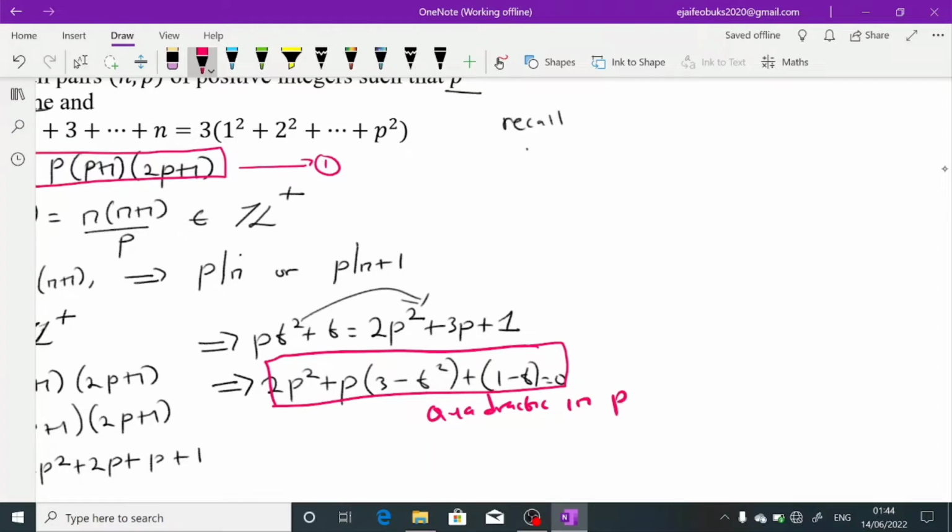And recall that for a given quadratic, ax squared plus bx plus c equals 0, we have something called the discriminant, D equals b squared minus 4ac. If D is greater than 0, x is real.